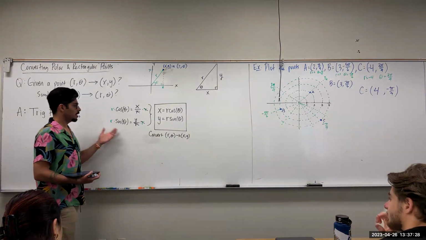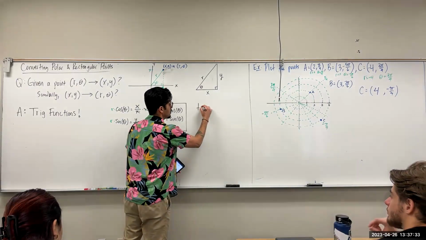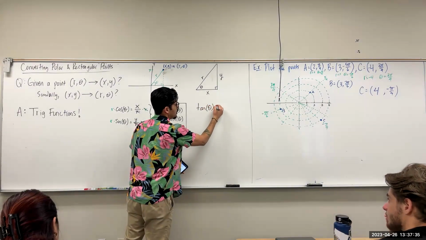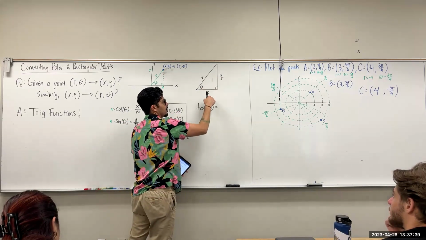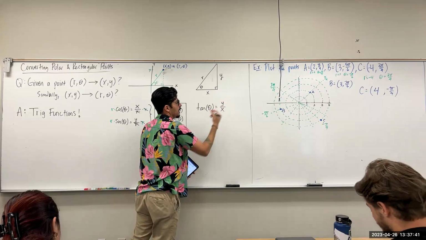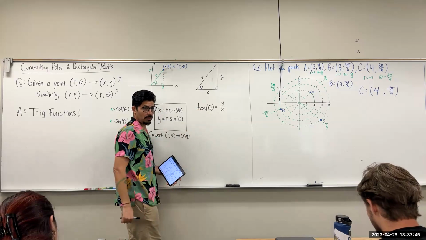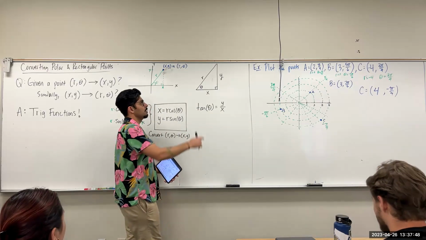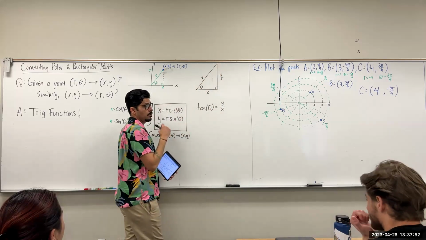We're going to use tangent. So if I want to use tangent, what's tangent of theta? Opposite over adjacent. So look, if I know my x and my y, I plug them in here and that'll help me find my theta. And then I want to use the fact that this is a right triangle, so I can use a particular theorem.